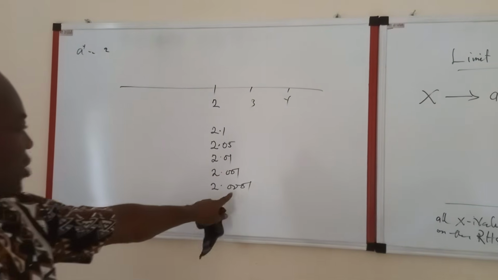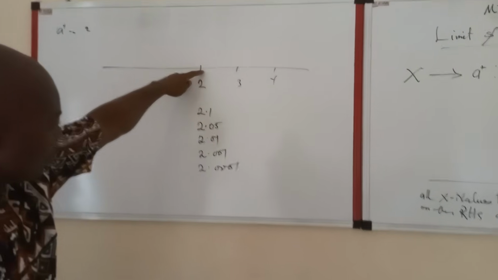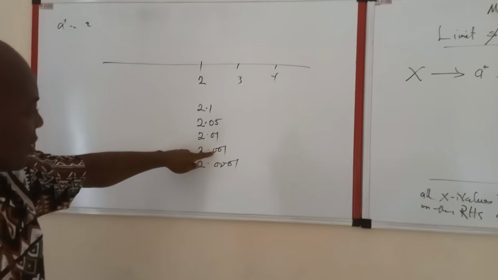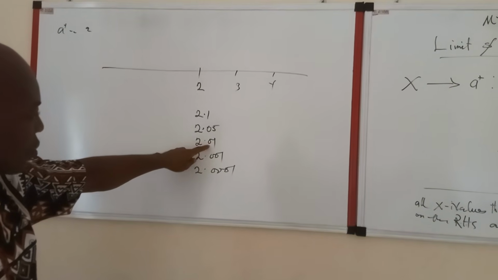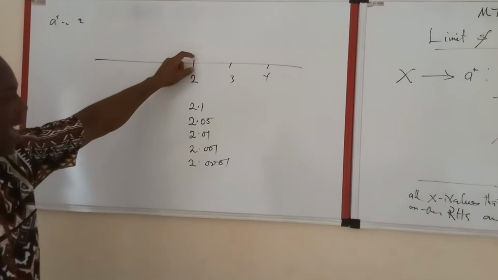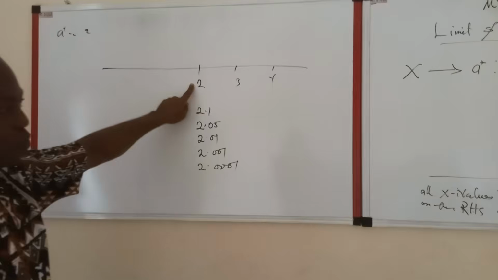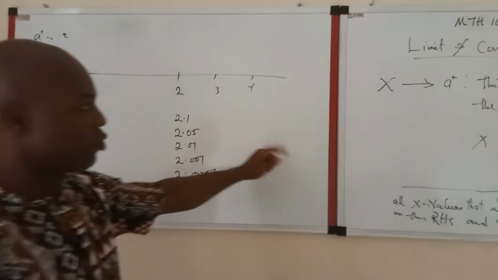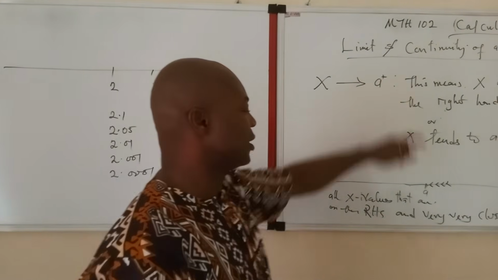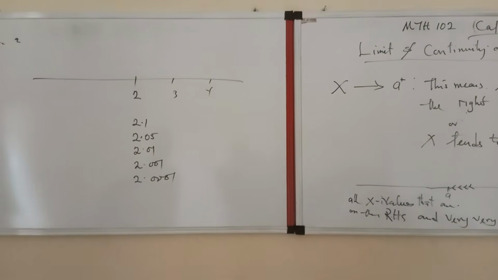You can see this one is very, very close as compared to this. This one is also very close as compared to this, and so on. So we're talking about those numbers that are very, very close to the point 2 that is in question, but from the right, based on the interpretation that we have gotten there.